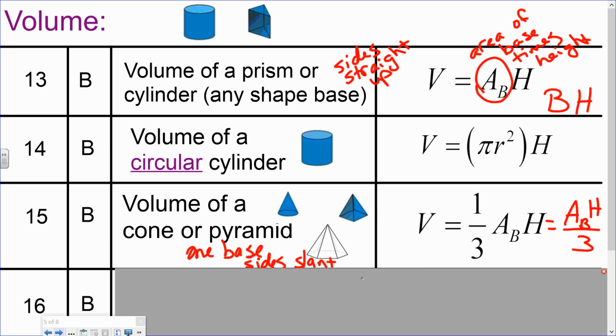And again, if it has a circle for the base, like this picture right here, we'd put in pi r squared times how tall that cone is, and then divide by 3. If we had, I'm not sure if that's a square or a rectangle, so I'll say it's a rectangle, we'd take this side times this side to get the area of the base. Then we'd multiply by how tall it is, and then we'd divide by 3. So you just have to look at the shape and figure out, well, which formula gets the area of the base.